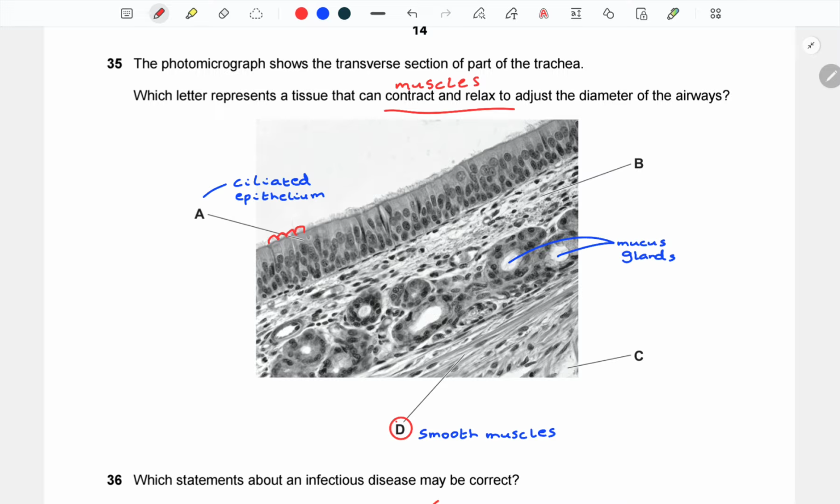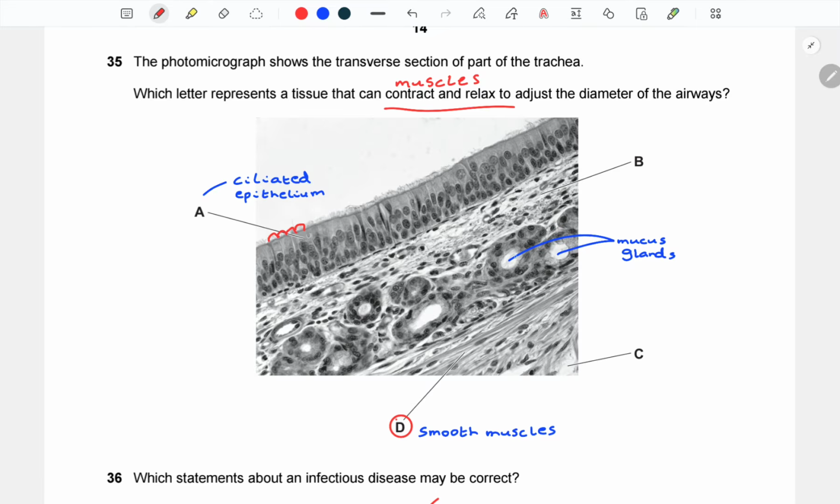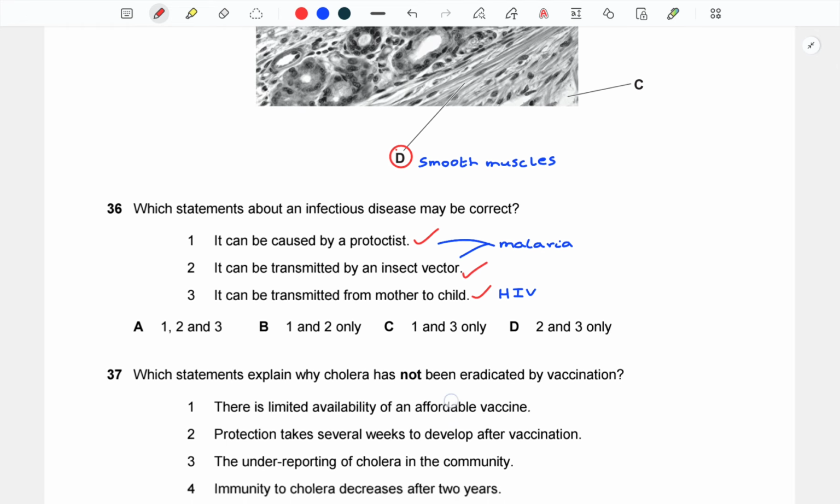B and C are basically loose connective tissues, so they aren't really responsible. And these little circular structures over here are mucus glands, by the way. So D is the correct option because this part over here is the smooth muscles, which are responsible for the contraction and the relaxation. So 35 D.